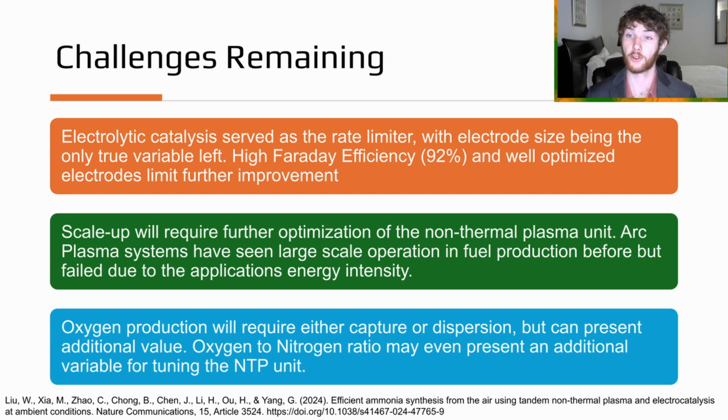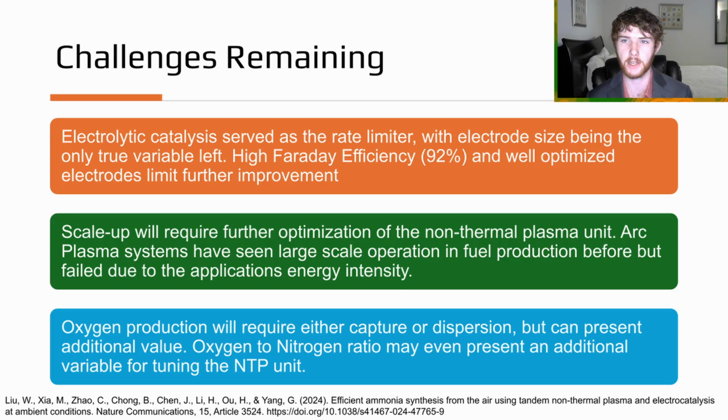One of the major concerns with that is going to be the energy intensity, but also the restrictions around the quality of air provided. That's not something that was covered in the paper either. There's going to be filtration requirements and airflow requirements, so that's going to need to be studied before it can go to pilot scale, essentially.